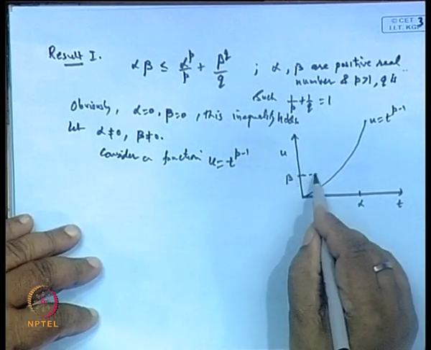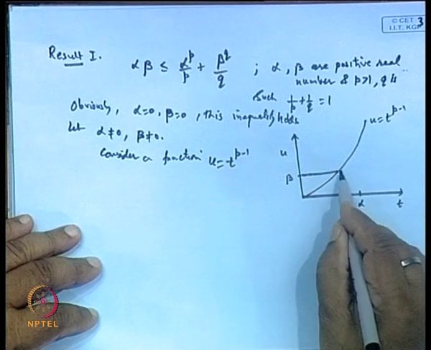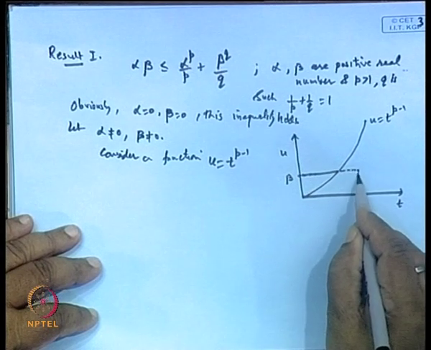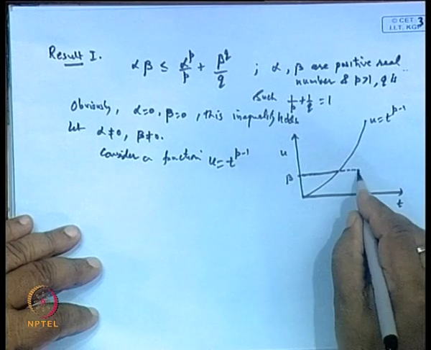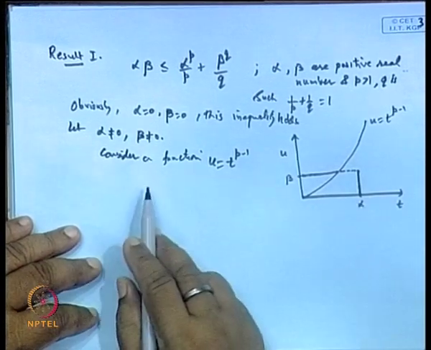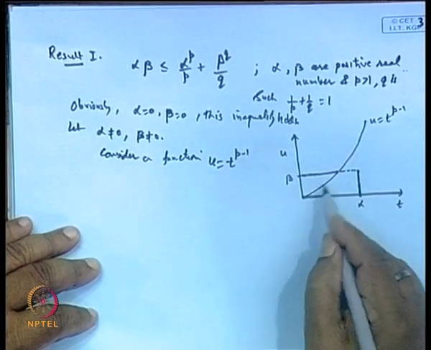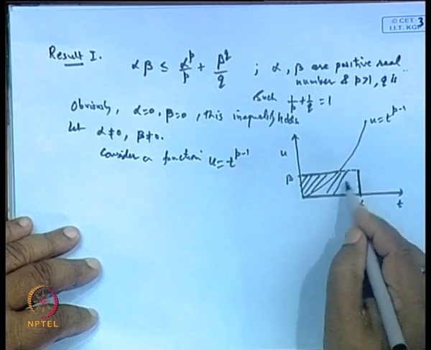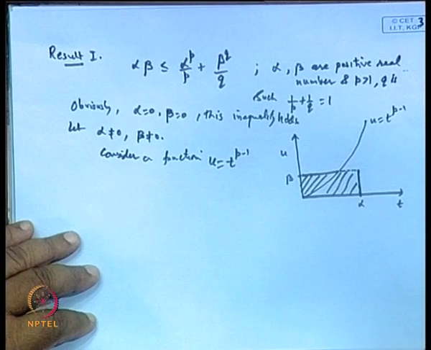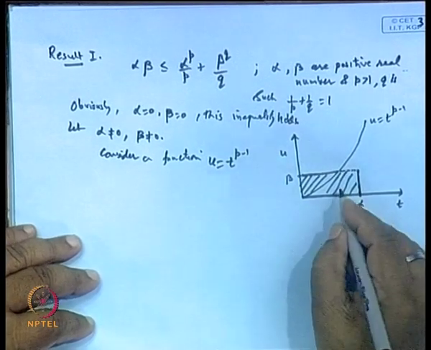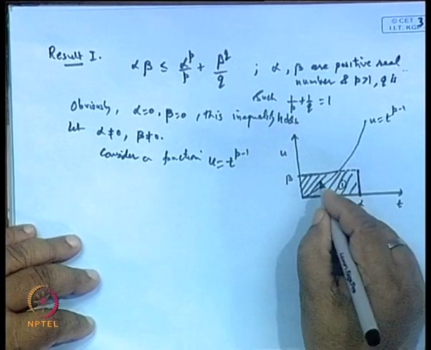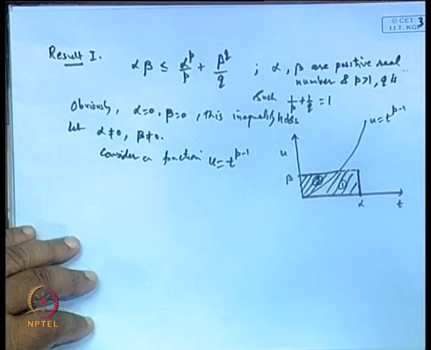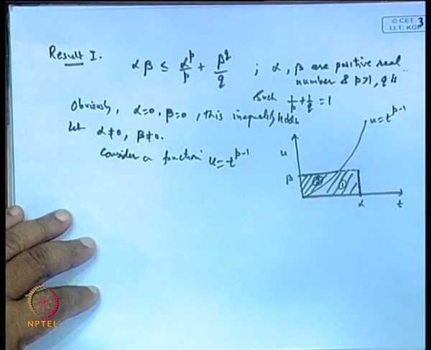Complete the rectangle, then αβ denotes the area of this portion like this. Okay, the area of this portion, that is the area 1 plus 2. Okay, these are two areas.